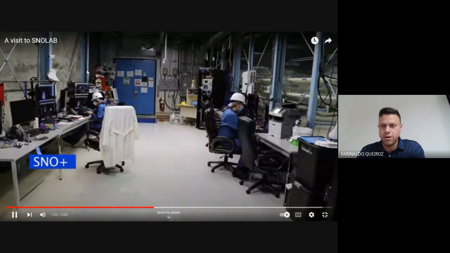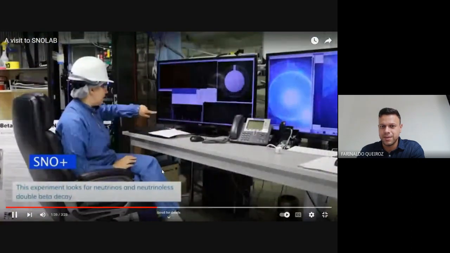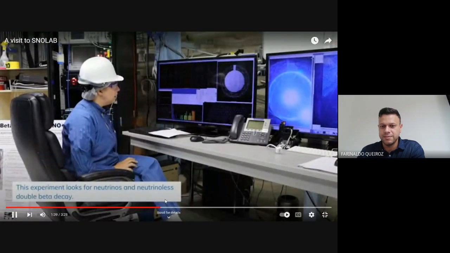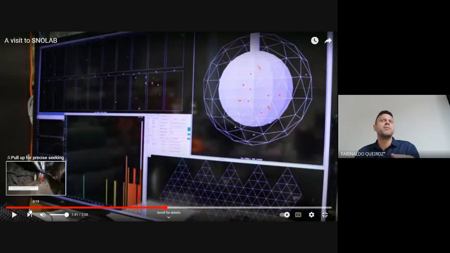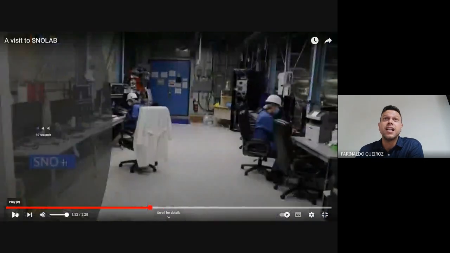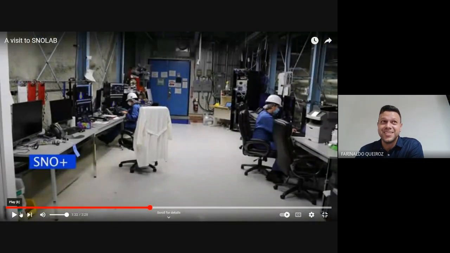See, those are the walls. They're really analyzing the data. So for instance, the experiment they show is neutrinoless double beta decay. Searching for neutrinoless double beta decay. You don't know what this is, but it's an experiment that tries to assess whether neutrinos are Majorana particles or Dirac particles.